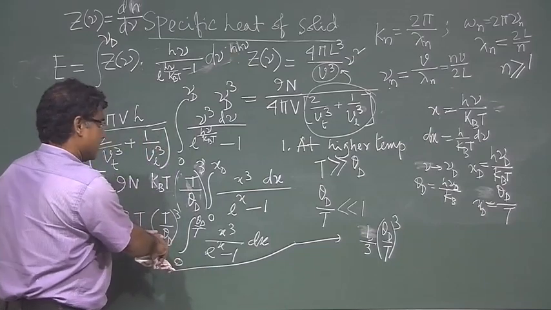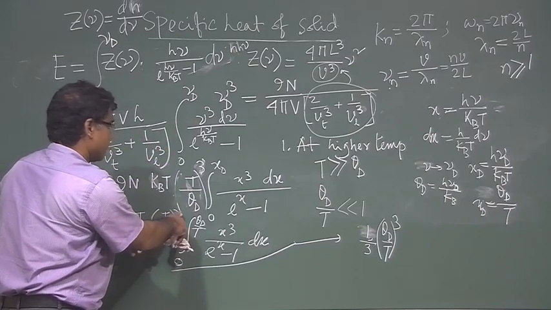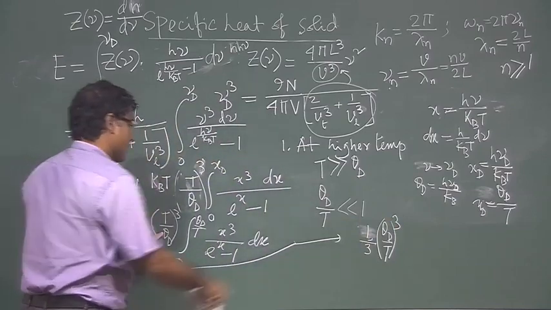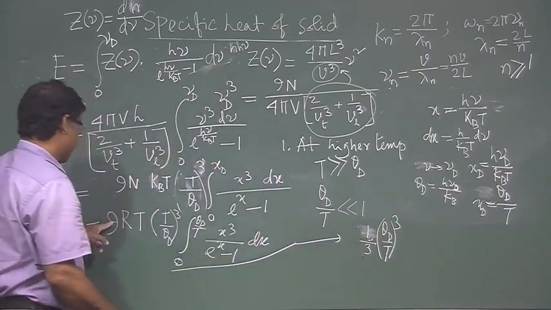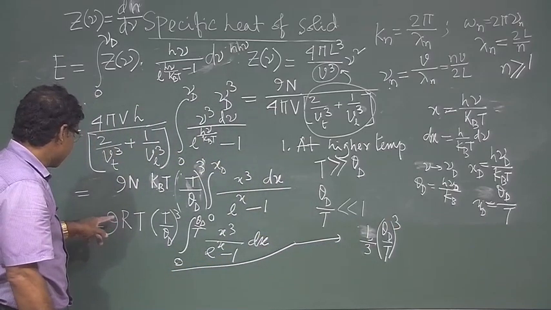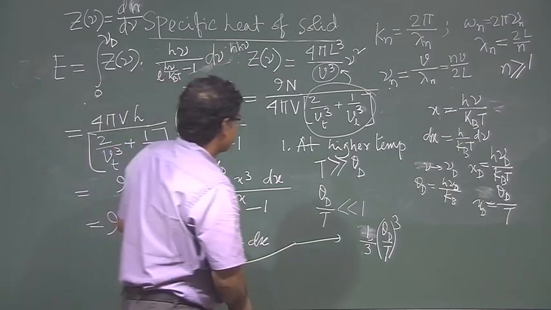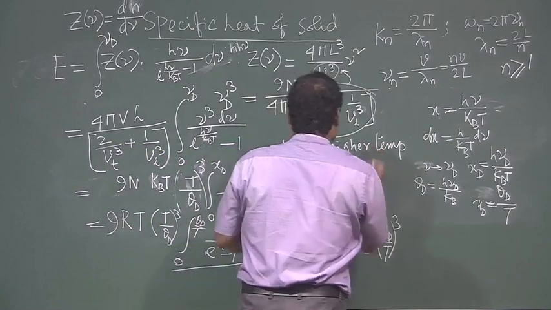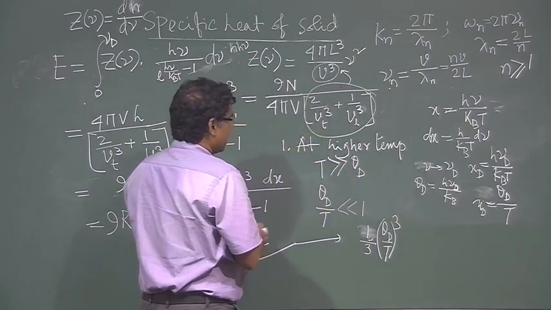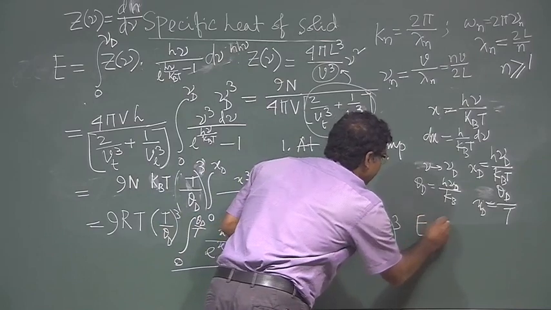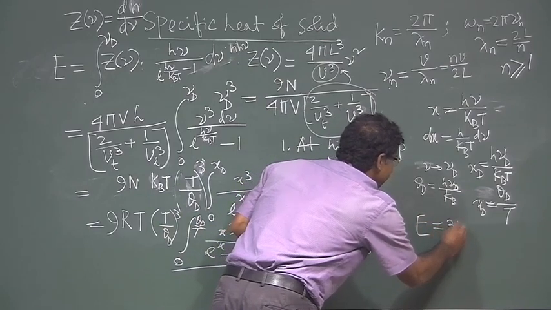Now, here you see t by theta d cube, here theta d by t cube. So, this will cancel and this 3 is there. So, I will get basically 3 r t. So, at high temperature the total energy I will get E equal to 3 r t.